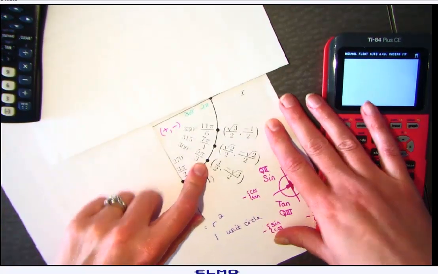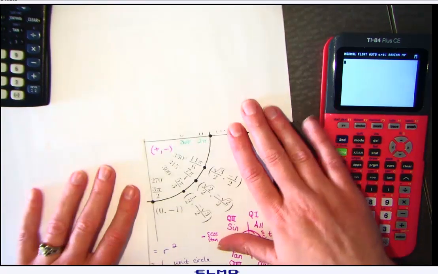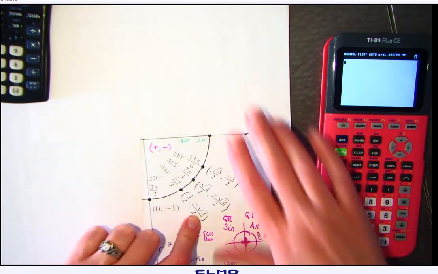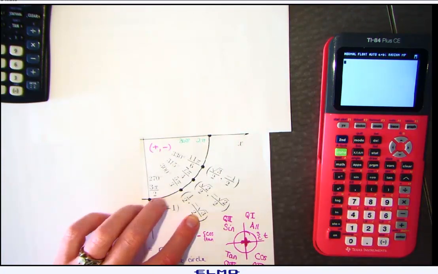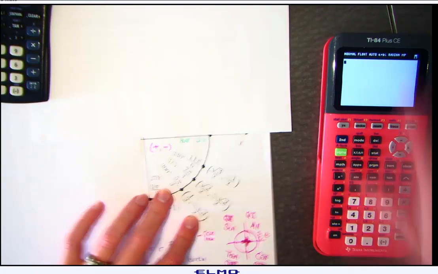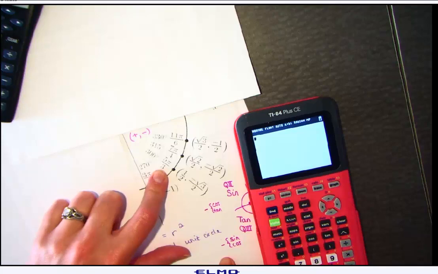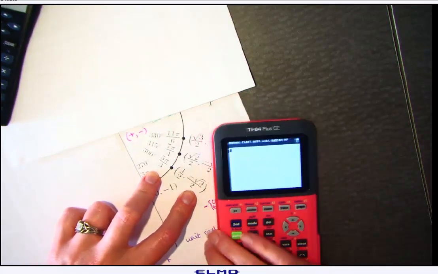So if you weren't sure, you could say, well, hey, I'm in quadrant 4, and I know I have a y coordinate, a sine value of negative root 3 over 2. I'm suspicious that it's 5 pi over 3, and so I could even check with my calculator.